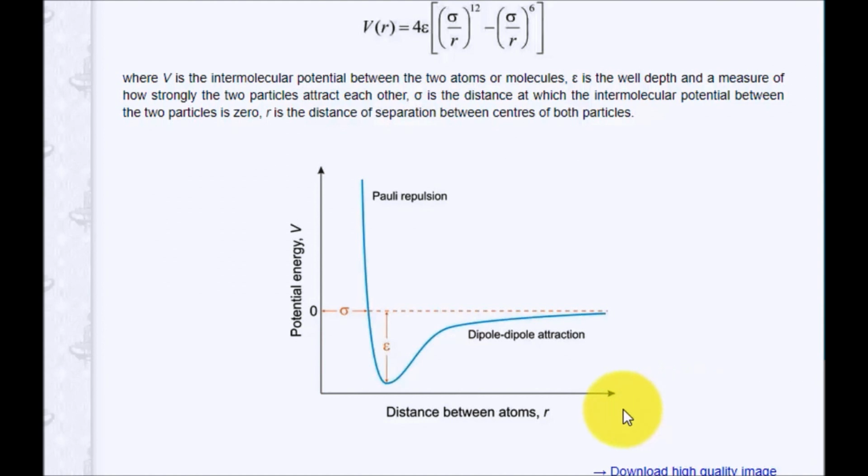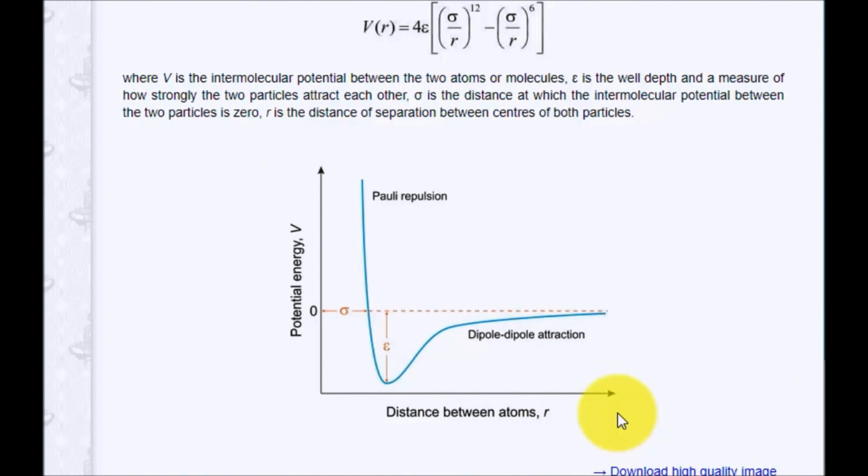Now, when the second atom is at infinity, you're not going to have any interactions, because they're just too far away. But as you bring the other atom, let's pretend the first is stationary, towards it, remember, there are two ways of looking at it. One is attraction means the energy is low. Repulsion means the energy is high. As you bring these two atoms together, they call it the dipole-dipole attraction. But this attraction is combined. What kind of combination?